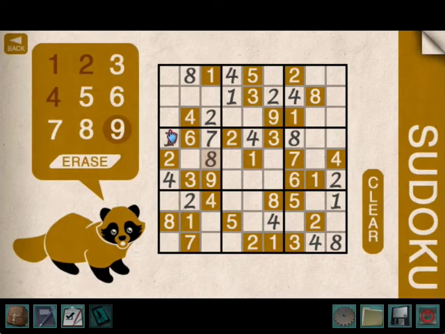Okay, let's just move on to 9s. 9s. We can put a 5 there. That has to be a 9 to complete that column. That has to be a 9 to complete that column. And like such. Alright.